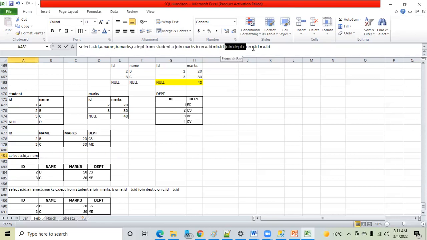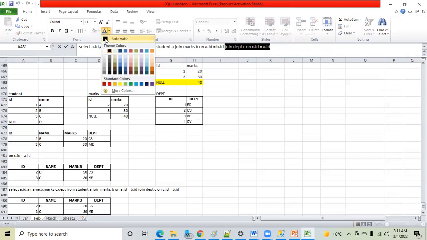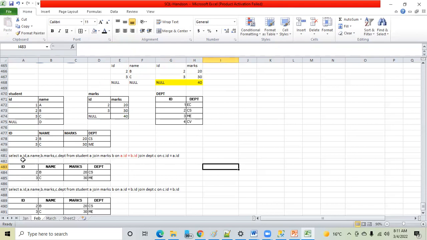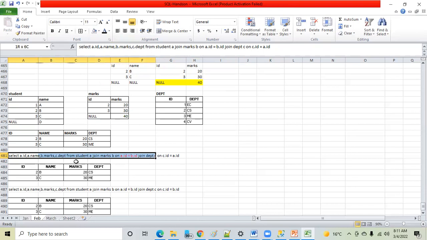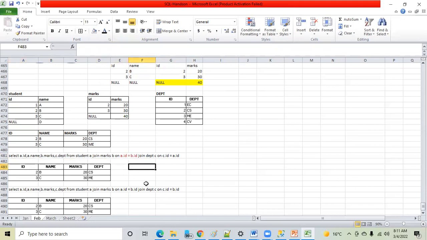First of all, forget the last condition, suppose it is not there at all. Suppose we have the condition only till here, a.id equals b.id. As per that, what should be the output?